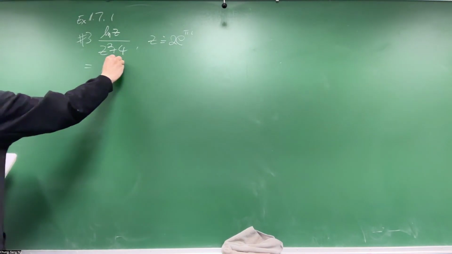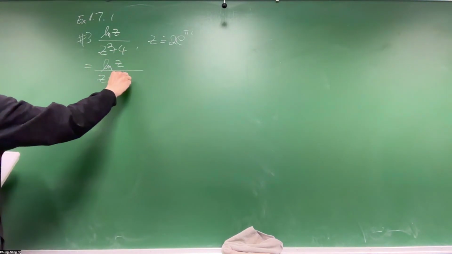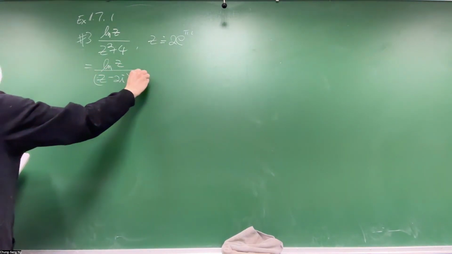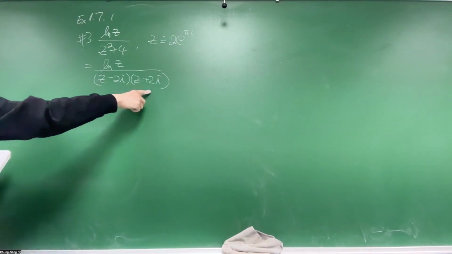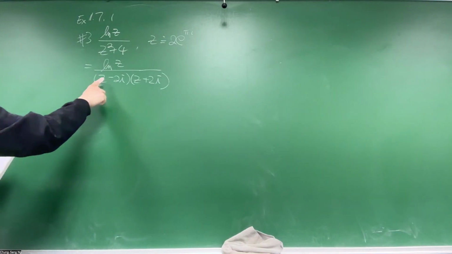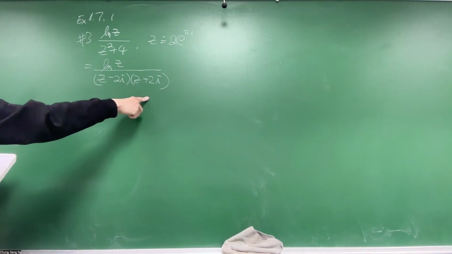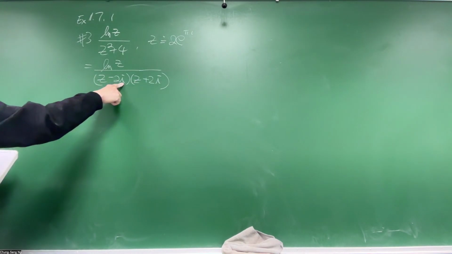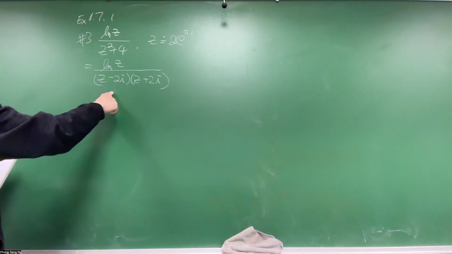This is equal to c minus 2i times c plus 2i. Right? Can you see that? Because this is a minus b times a plus b, which is a squared minus b squared. But b is 2i, so b squared would be minus 4.